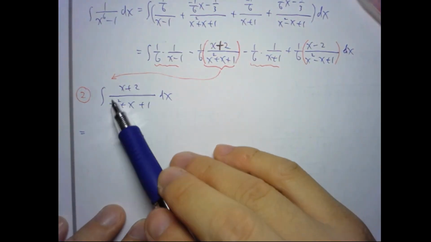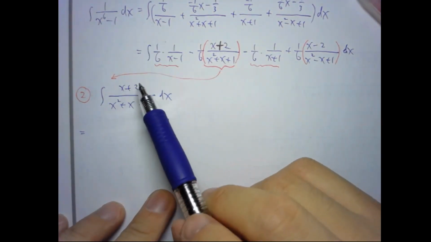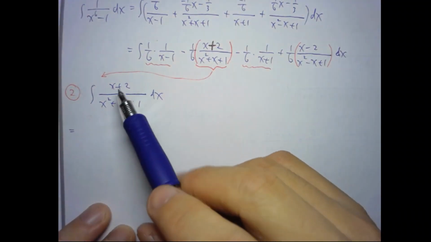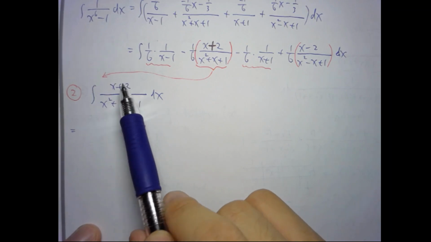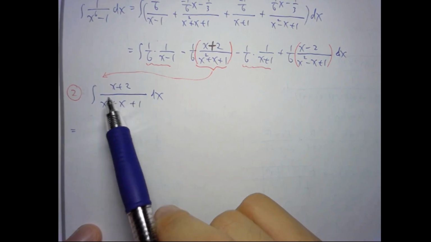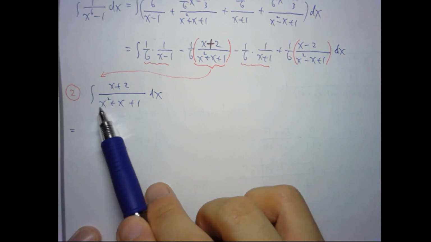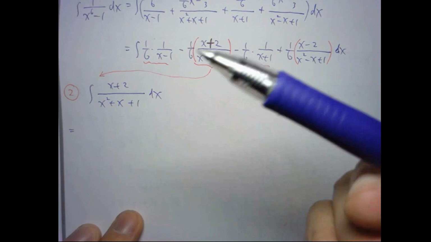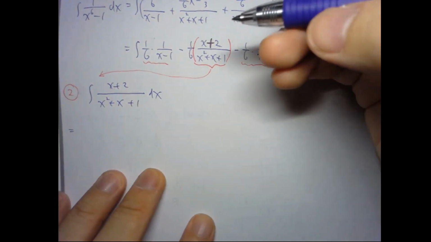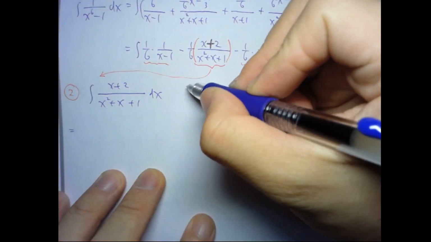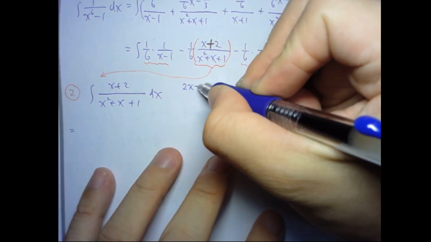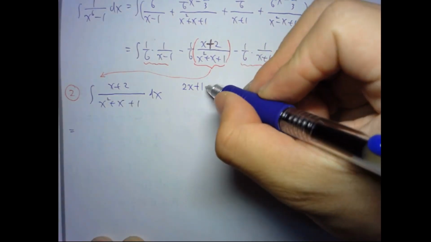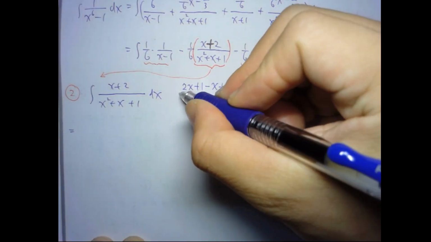When I was young, I always thought, and of course this is the sense of integration, that I want to make the numerator become the derivative of the denominator. If I differentiate the denominator, which is 2x plus 1, I want to make the numerator become 2x plus 1. So I write 2x plus 1 first, but originally it's x plus 2, so I need to subtract x plus 1 at the back.